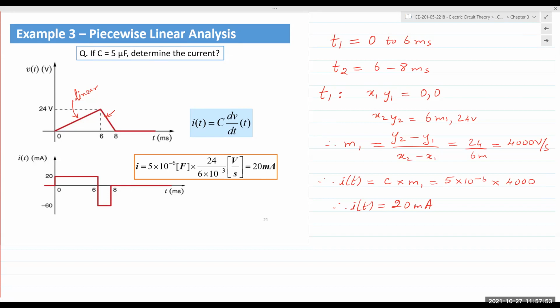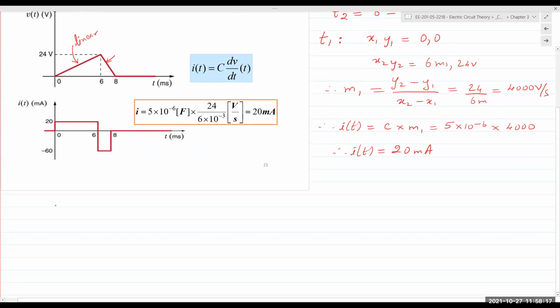We only find the slope here because we only need the slope, C dV over dt. But if you want to find power, P of t, then you need the equation for V of t also. Does that make sense to everyone? So please go through the handout on the website. Let me know if you have any questions. I still have 2 minutes and I still have the second time portion to finish.